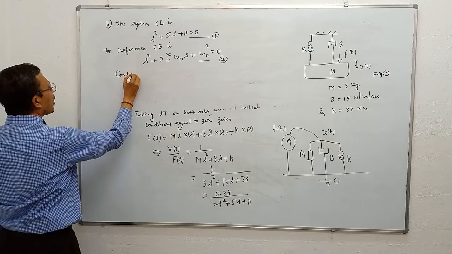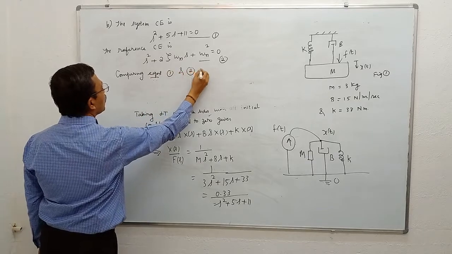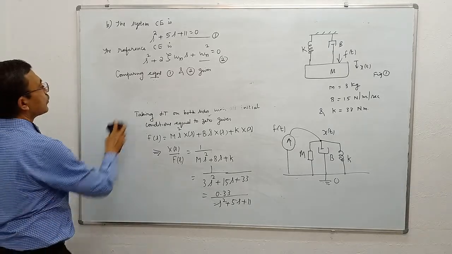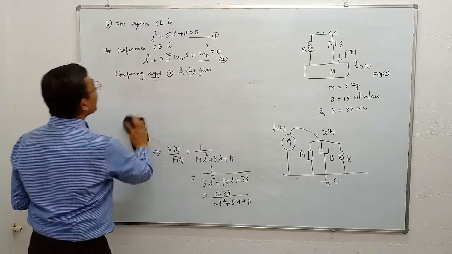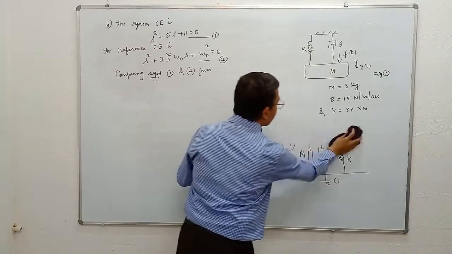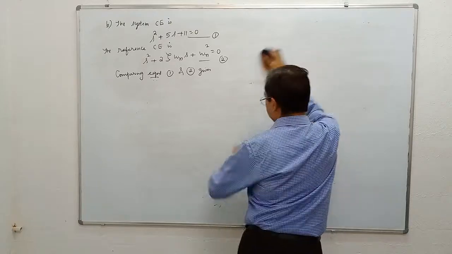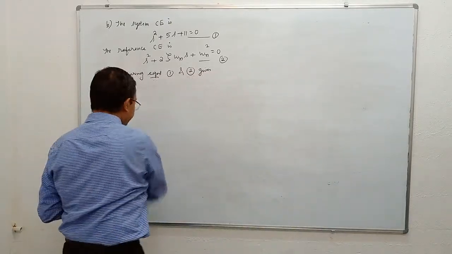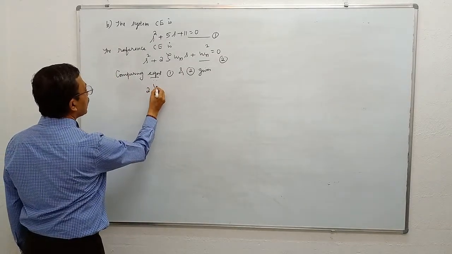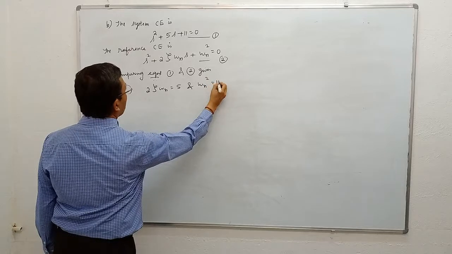Comparing equations 1 and 2 gives 2 into zeta into omega n is equal to 5 and omega n square is equal to 11.